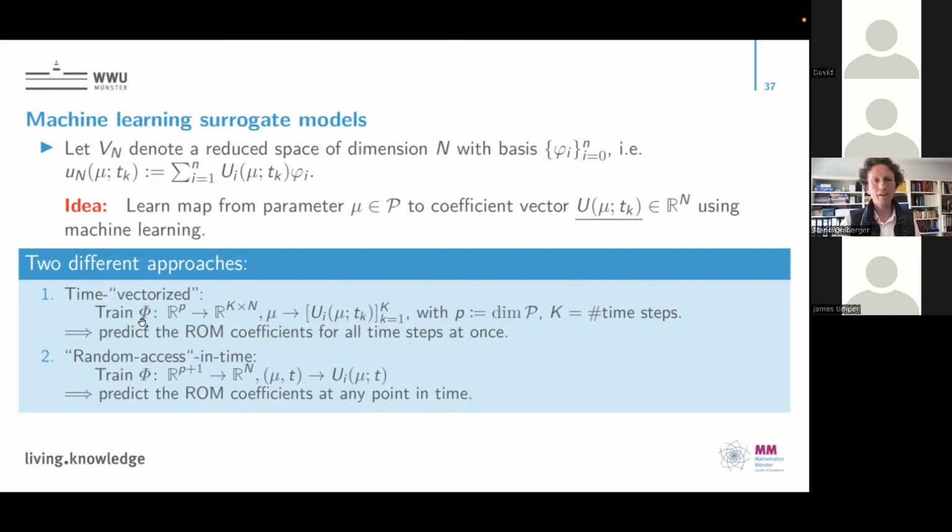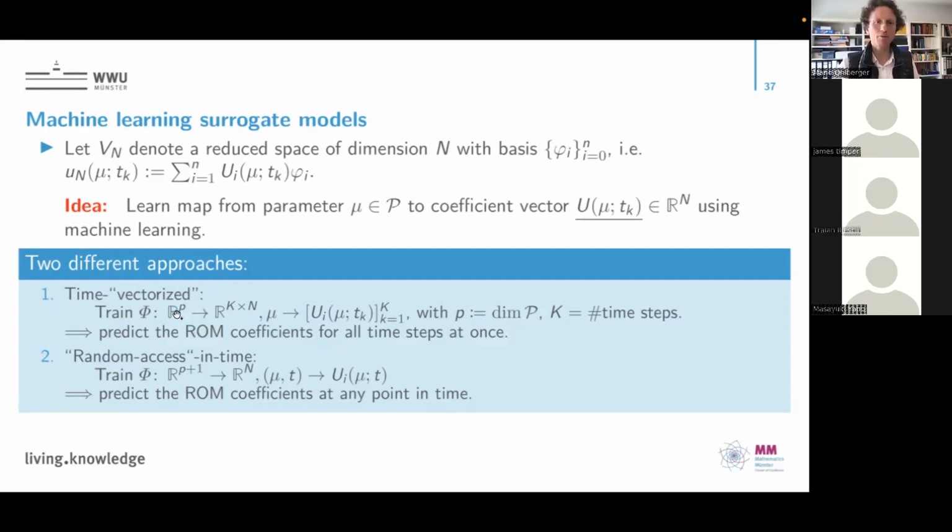So we want to train to get such a map that maps from the parameter space to the whole trajectory of these coefficients in time. So the parameter is mapped to the whole trajectory in time of these coefficient vectors at once. This means whenever you have trained this network, then just plugging in the parameter, you get the whole coefficient trajectory, and you immediately have the whole time-dependent solution.